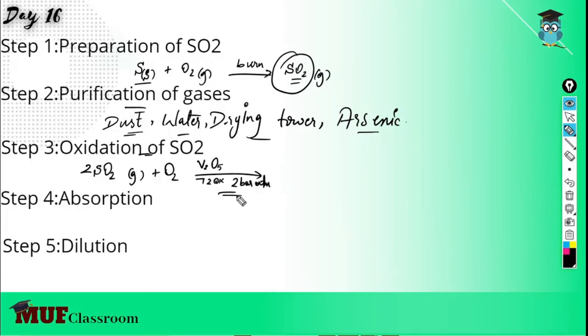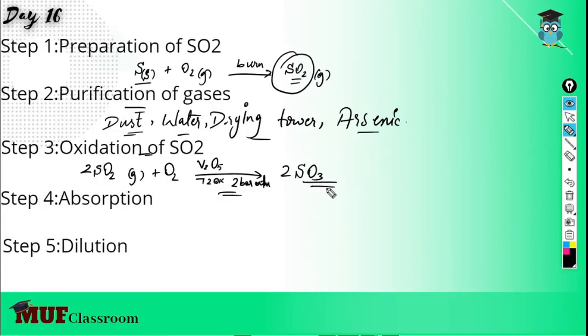These are the most important conditions which we need to remember. And finally we get SO3. So we balance it here: 2 SO3, it is balanced. Now finally we got SO3.